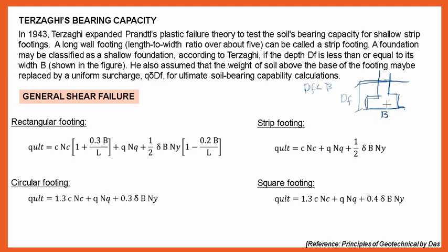Okay? So according also to Terzaghi, he assumed that the weight of the soil above the base of the footing may be replaced by a uniform surcharge. So yung weight ng soil dito sa above nung ating footing may be replaced by this uniform surcharge, yung q times the unit weight times the Df.